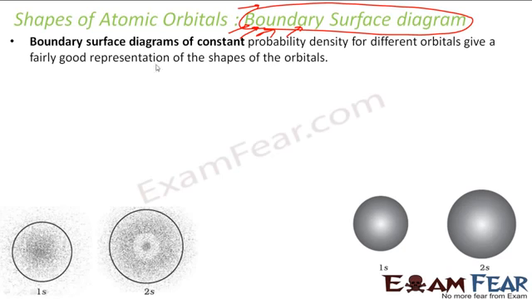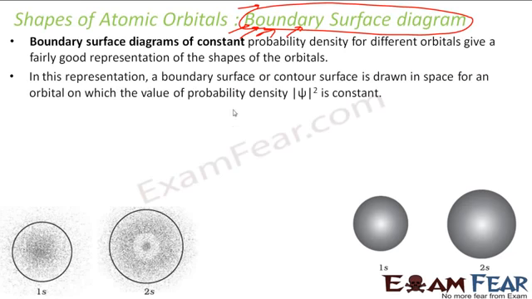So the boundary surface diagram of constant probability density for a given orbital gives a fairly good representation of the shape of the orbital. This just gives you an imaginative shape of the orbital. In this representation, a boundary surface or a contour surface is drawn in the space for an orbital in which the value of probability density is constant.